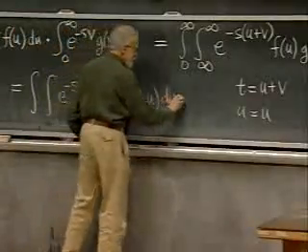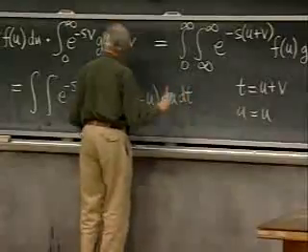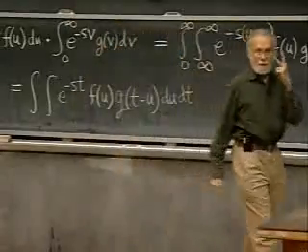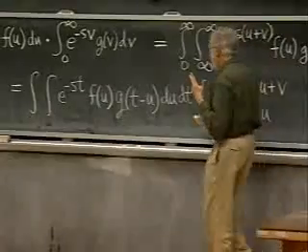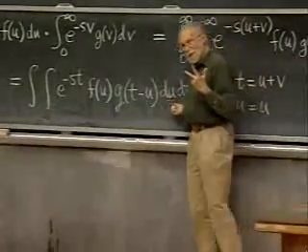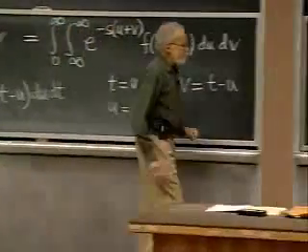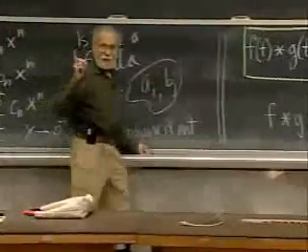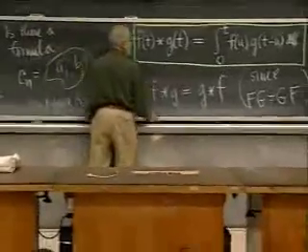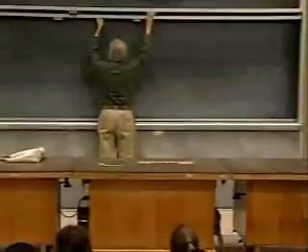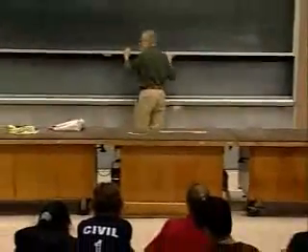Now I want to change this to an integral du dt. Now for that you have to be a little careful. We have two things to do: figure out what goes with that, and we have to put in the limits also. Now those are the two non-trivial operations when you change variables in a double integral. So let's be really careful.